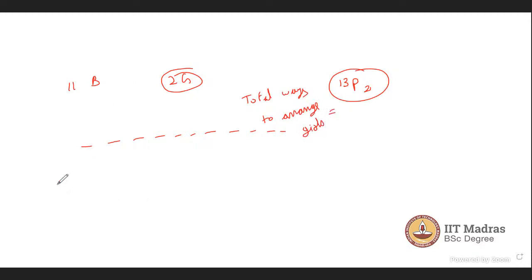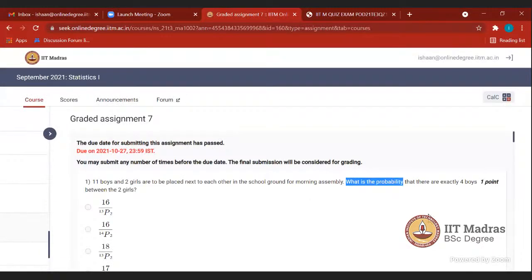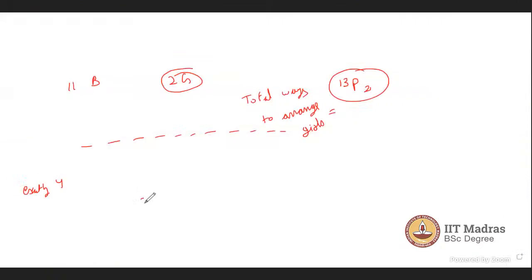Now I want exactly 4 boys. Is it exactly 4, right? Exactly 4 boys, yeah. So in how many ways? If it is possible, I place a girl at first place, then 4 boys at the second, third, fourth, and fifth places. These 4 places are occupied by boys.